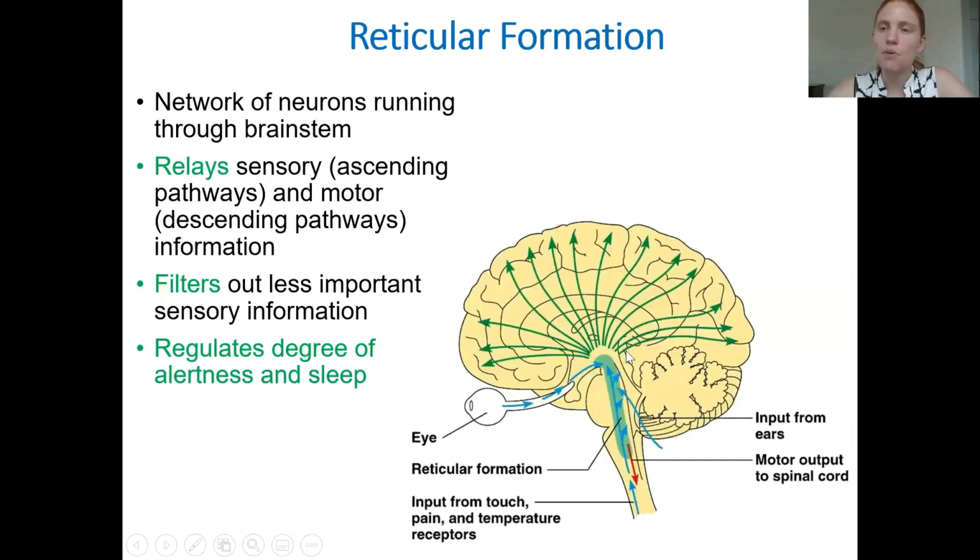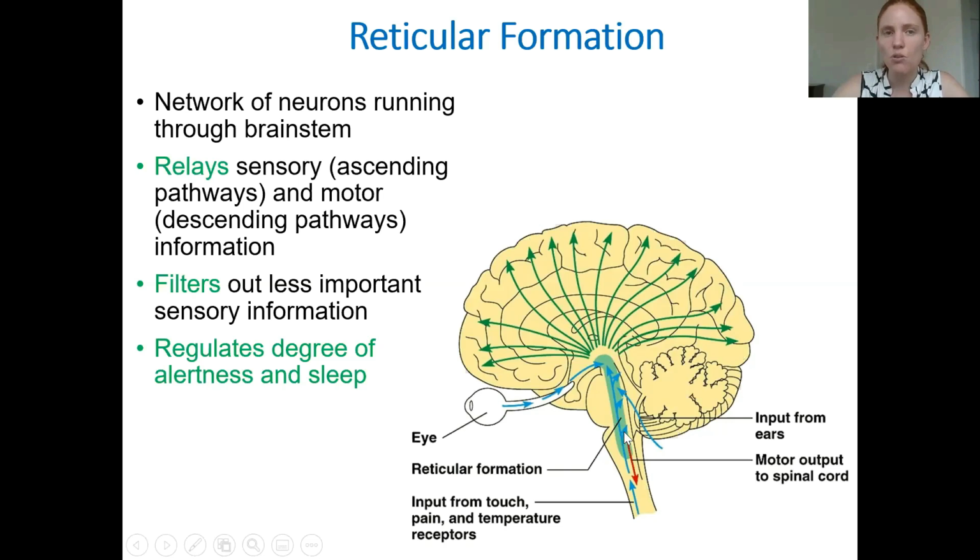So let's look at some of the functions of the brainstem. Running along the middle of the brainstem is what we call the reticular formation. The reticular formation is an area where you have white matter tracts bringing information towards the cerebral cortex, right? So you're going to take that sensory information and relay it through. The information coming up from the spinal cord will go through the reticular formation on its way to the thalamus, and then the thalamus will relay it to the correct spot.